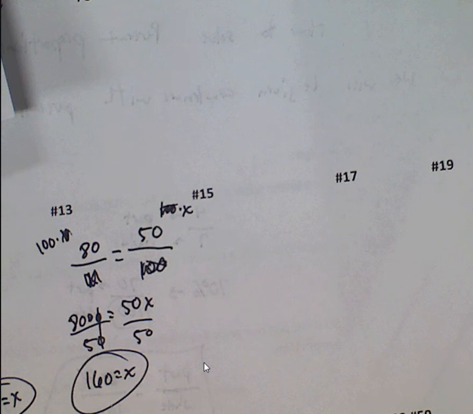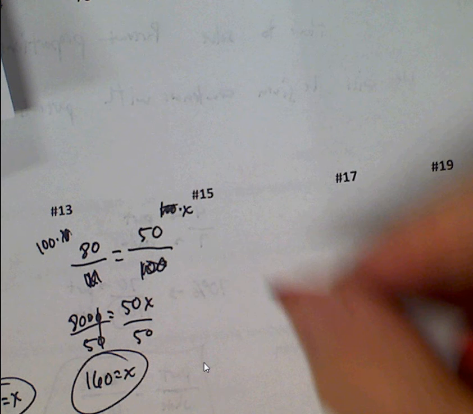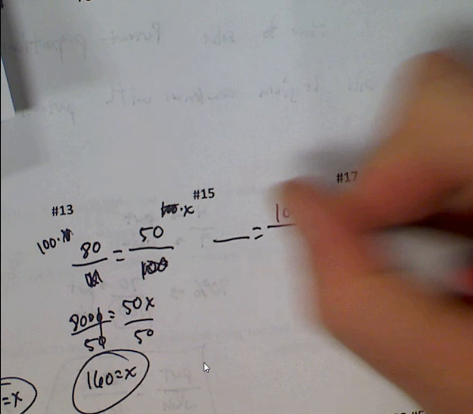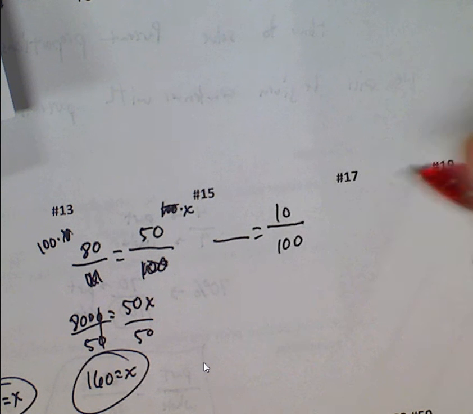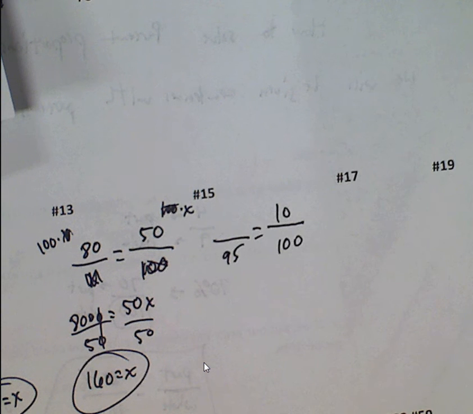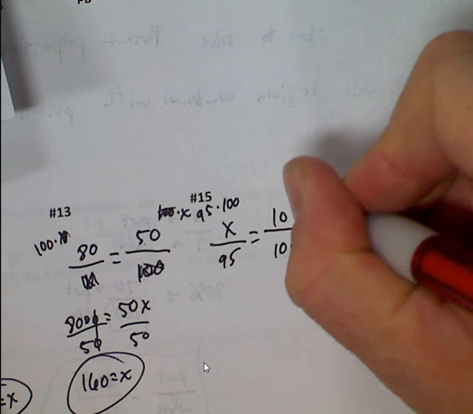Number 15. Pause the video and try. On number 15 it says find 10%, so 10 goes on my percent side over 100, of 95. 95 would be my whole, it comes after the word of. That means I need to find the part. So I'm going to multiply both sides by 95 and 100.